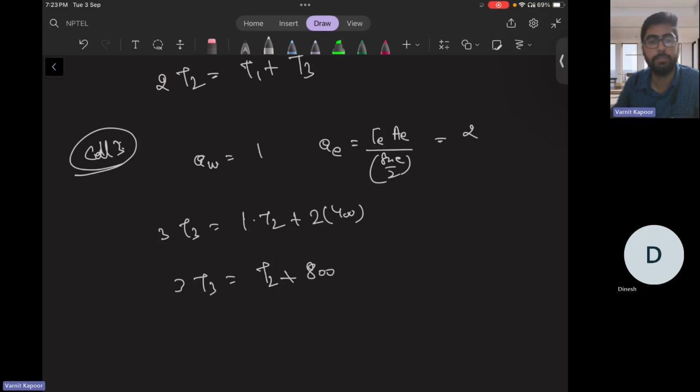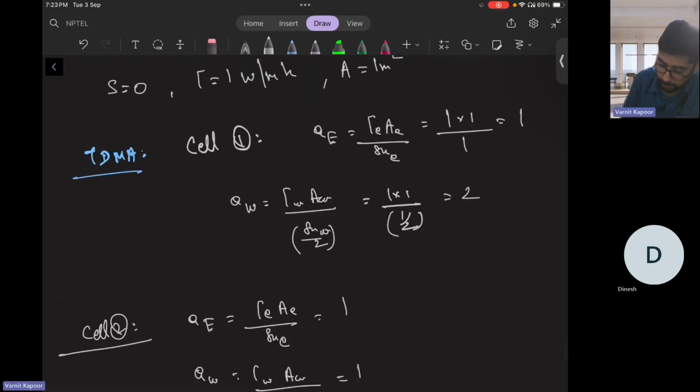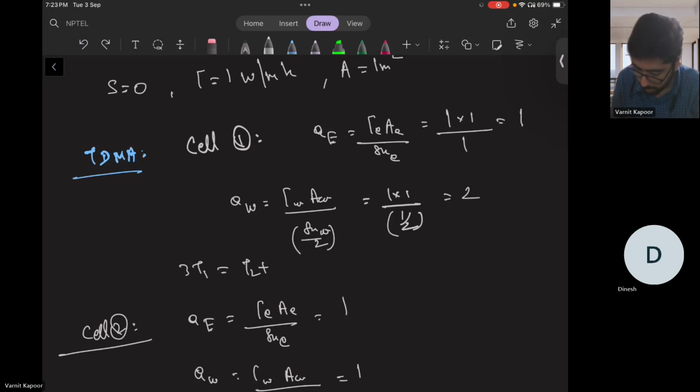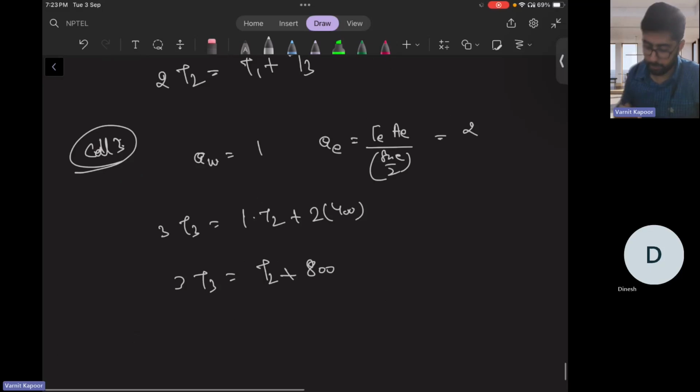You have all the three equations with you. First equation is similar here, I've not written the equation. Okay, so 3T1 is equal to 1 T2 plus, sorry, 200, 2 into 100. You have all these three equations.